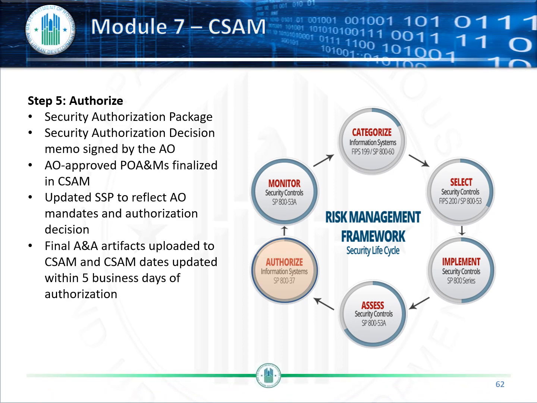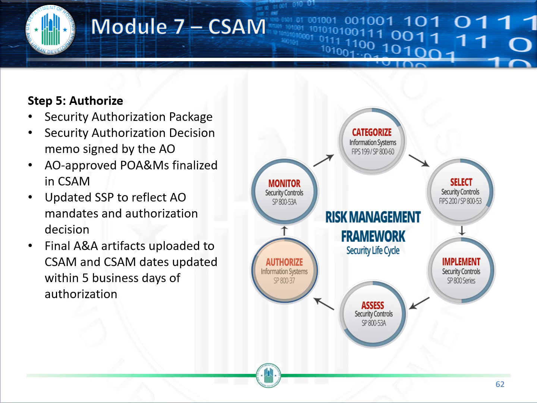The purpose of Step 5 in the implementation phase of the SDLC is to obtain a decision from the authorizing official regarding initial authorization for system operation. The system owner presents the final risk determination to the authorizing official. The list shown on this slide identifies key activities and documents that are required to be uploaded to CSAM.